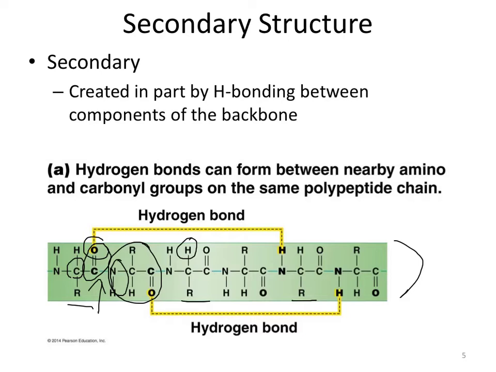So this is an internal kind of bonding. Remember, these aren't flat static structures, they're flexible and they twist. So this hydrogen and this oxygen would have to come together in space in order for this hydrogen bond to form, and that can happen due to the flexibility of the protein or the peptide backbone.